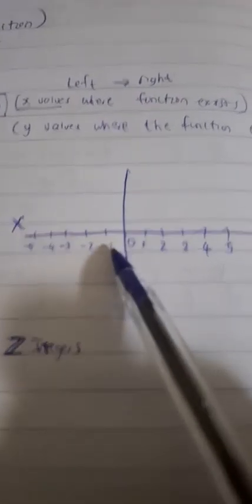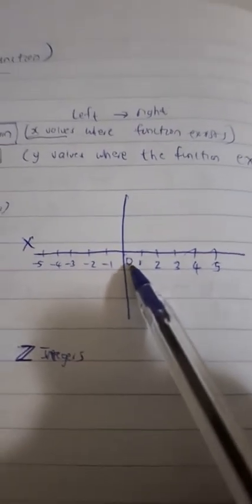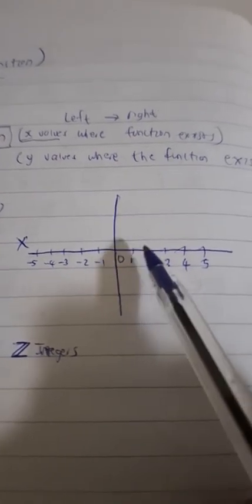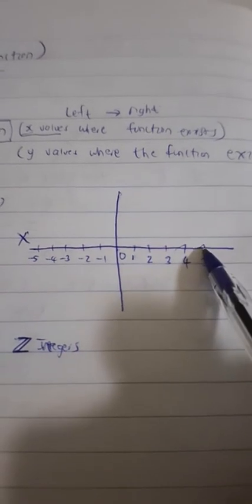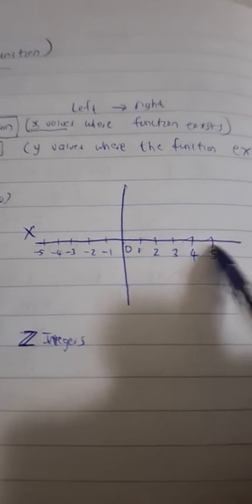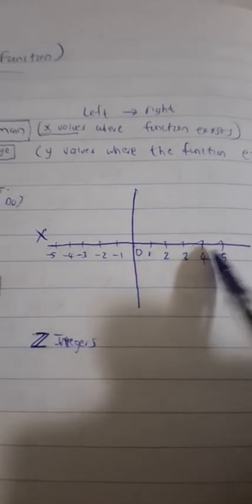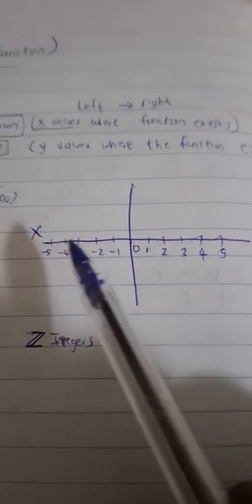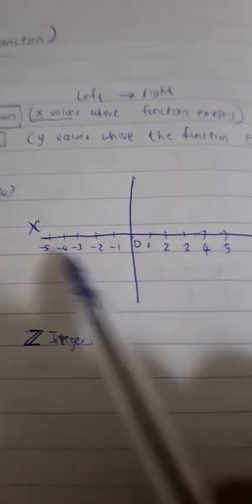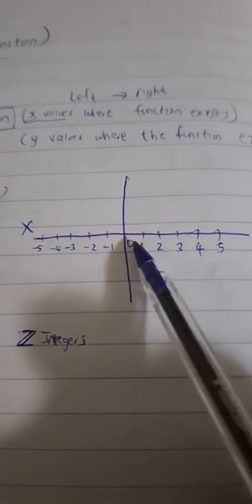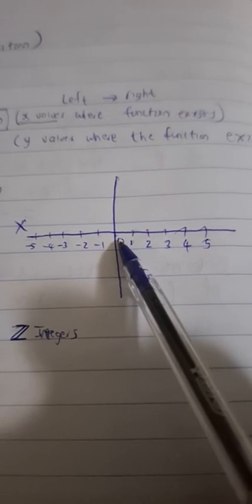Here I've just represented a limited example of what integers are. For instance, 0, 1, 2, 3, 4, 5 are positive whole numbers, but we can extend it to -1, -2, -3, -4, -5. 0 is an integer.